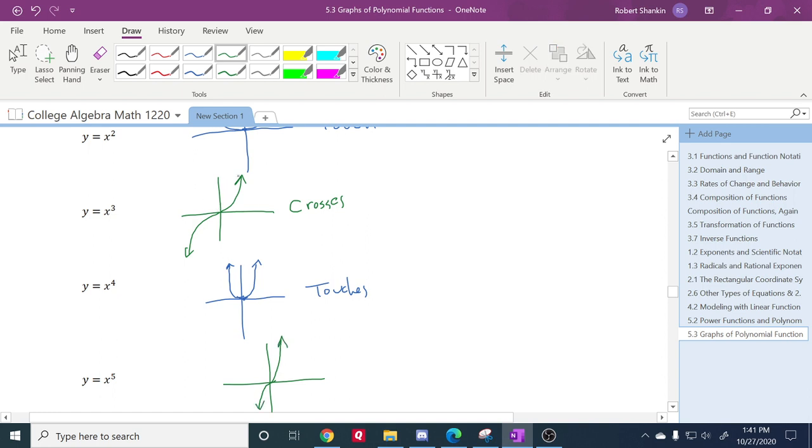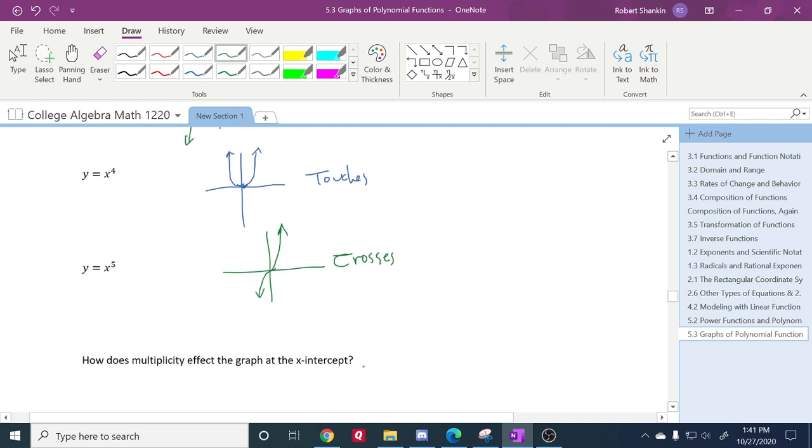So it's like this graph, but just going up faster and down faster. And once again, this crosses.